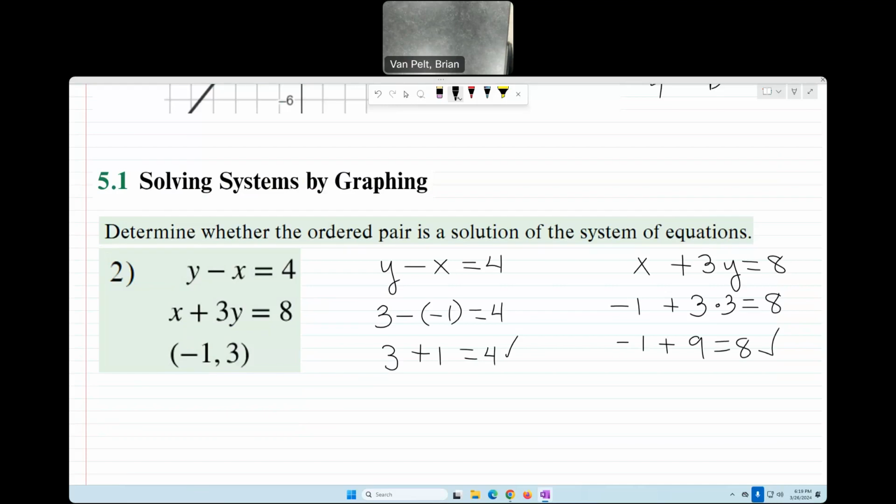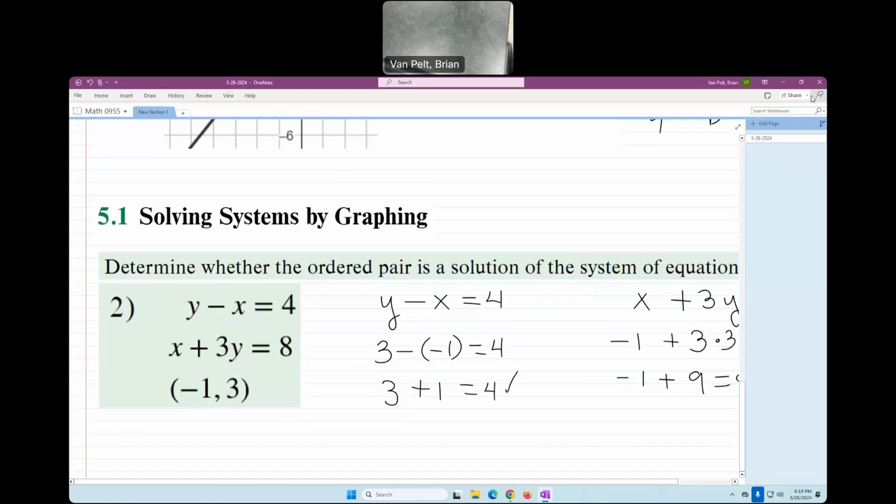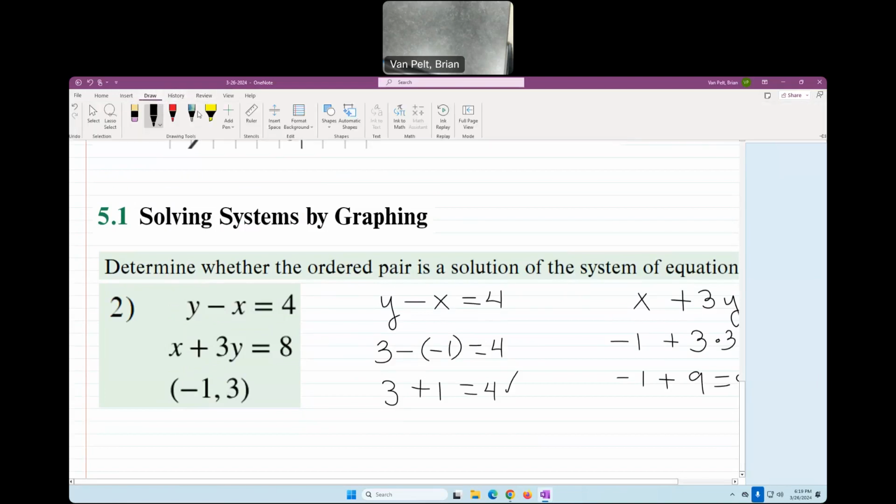Let me graph these two things. I'm going to have to change my background.